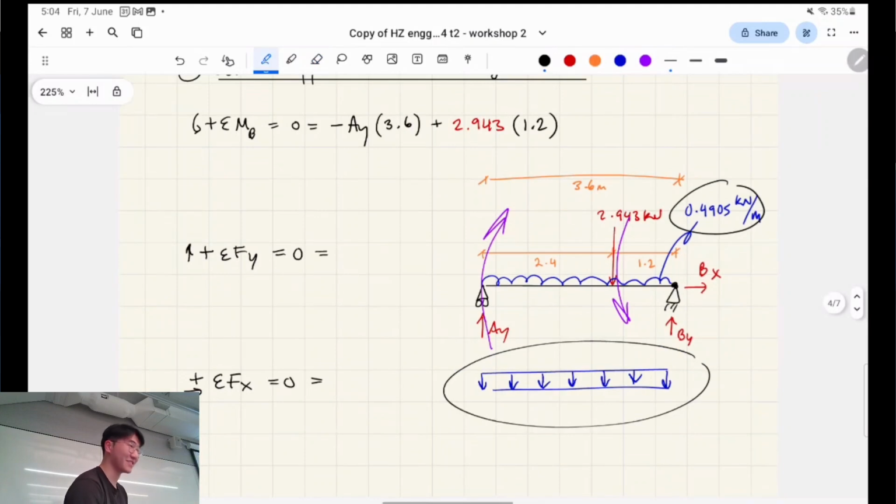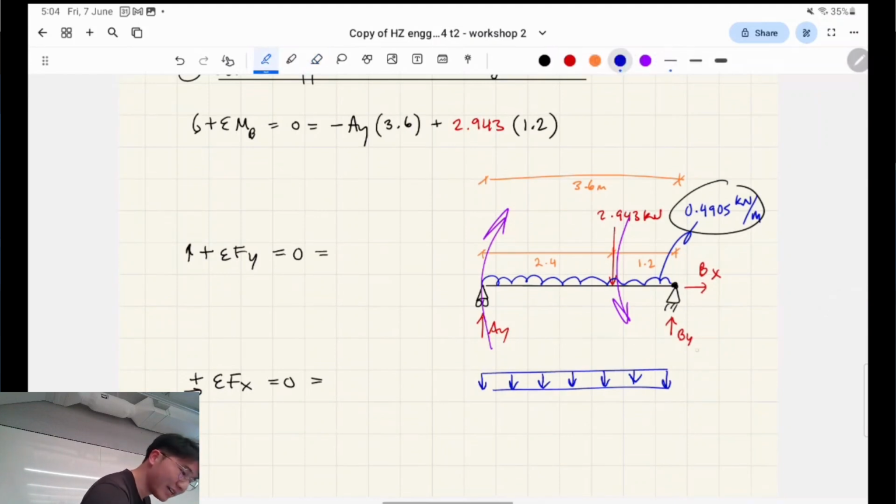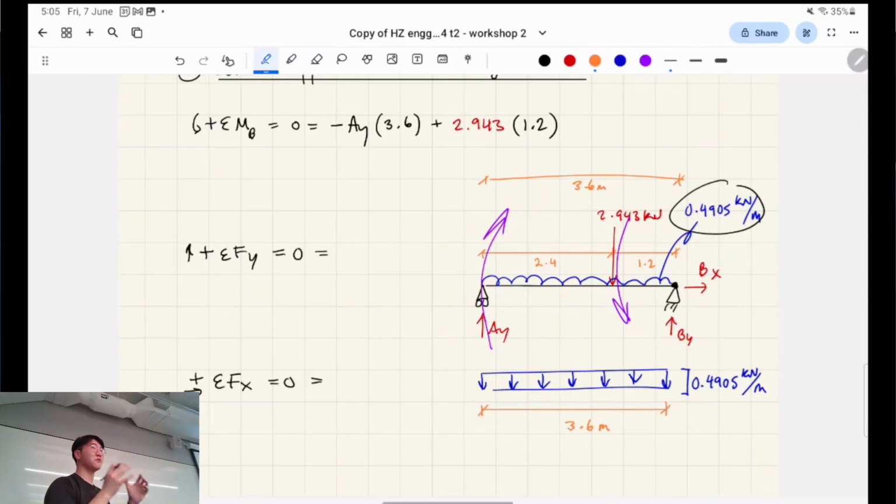Basically, this is our distributed load, right? And this axis here gives us this much, right? And then this axis here is 3.6 meters, okay? When we multiply these two things together, we get the equivalent point load.